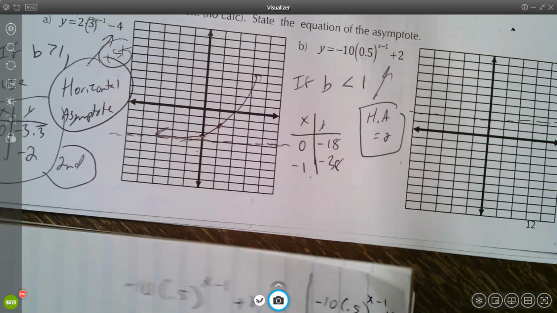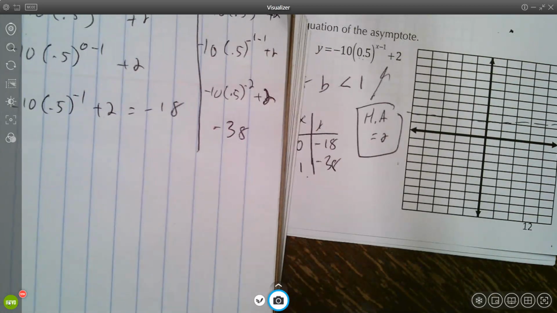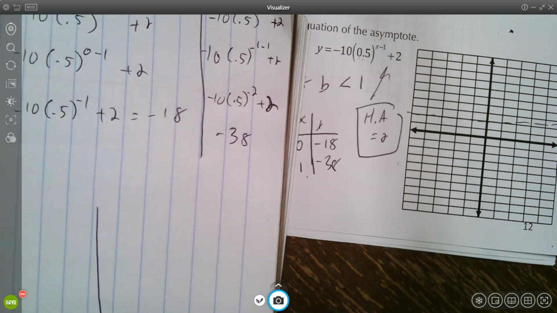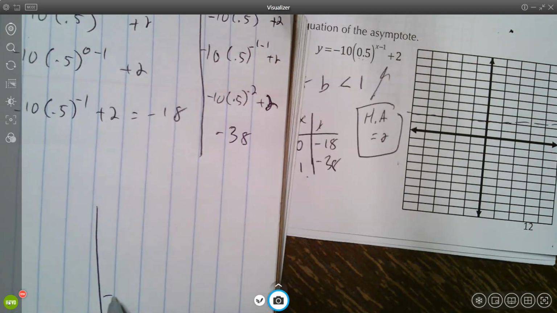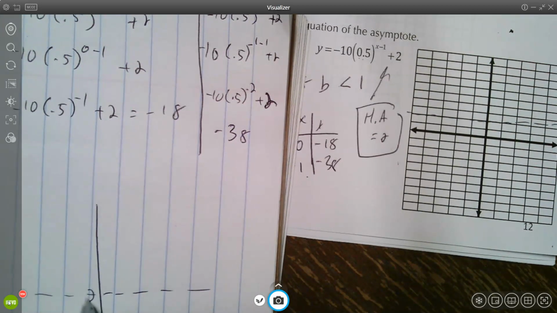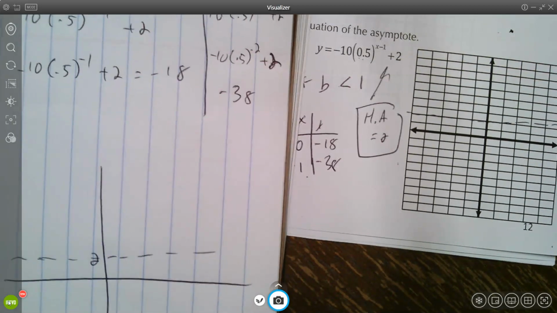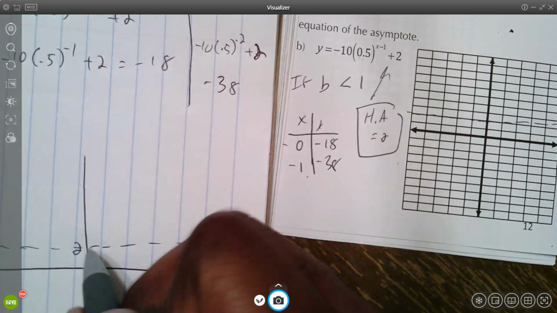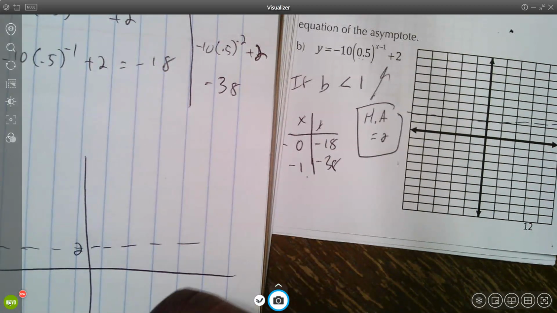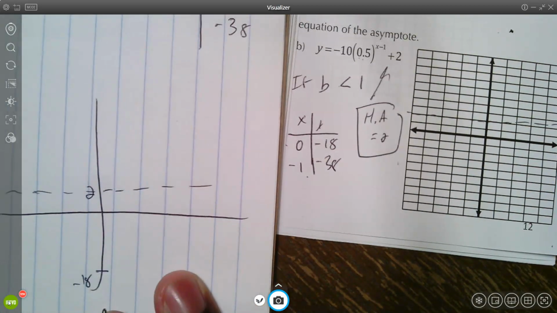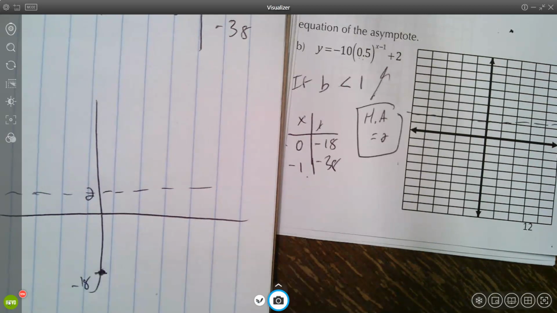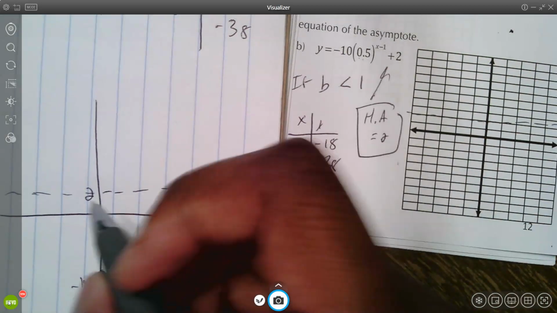And because that's not enough space, I'm going to draw my own graph for it. I know I have a horizontal asymptote at 2. So here's 2. And then I have a coordinate of (0, -18). So I'm going to just mark this to be -18, way down there. That's a point. Another point is at (-1, -38).